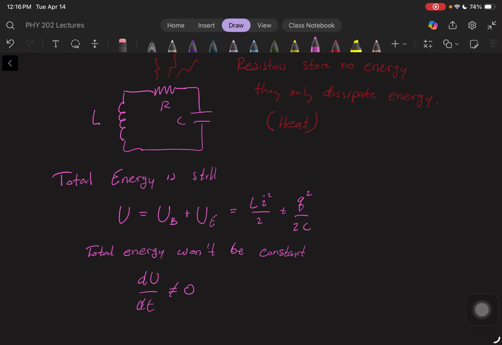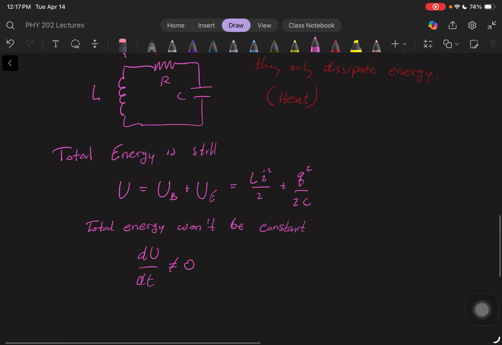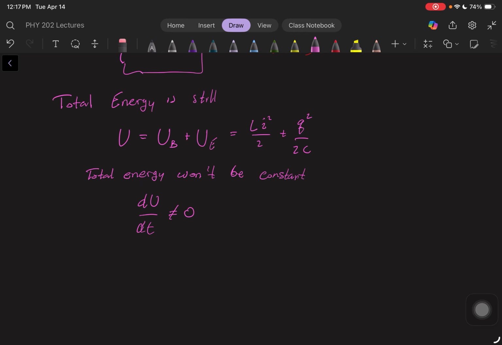And well, we've discussed before that the power, the rate at which energy is dissipated through a resistor, is equal to negative I squared R, right? And the minus sign there is because it's decreasing. And so we can say dU/dt is equal to negative I squared R, right?